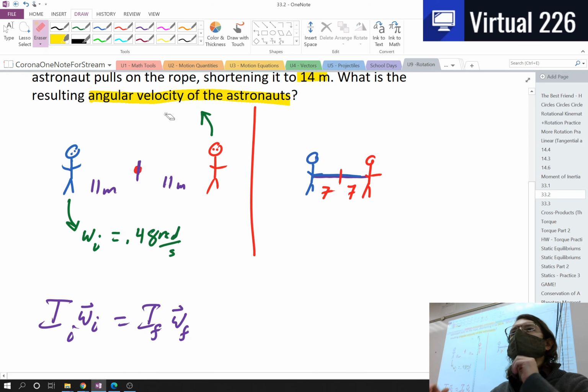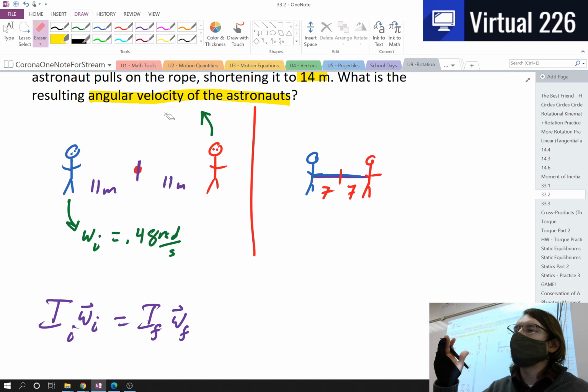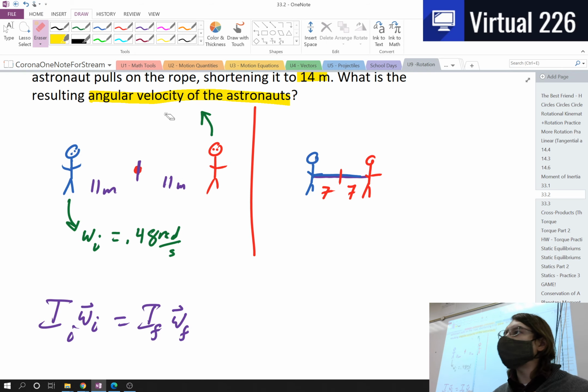These are just two objects rotating about a center point. Yes, they're connected by a rope, but the rope doesn't have mass, so it doesn't concern us in this problem. It's just facilitating that rotation. Now, we know of other scenarios where masses rotate around objects, like planets rotating around our star, our sun.